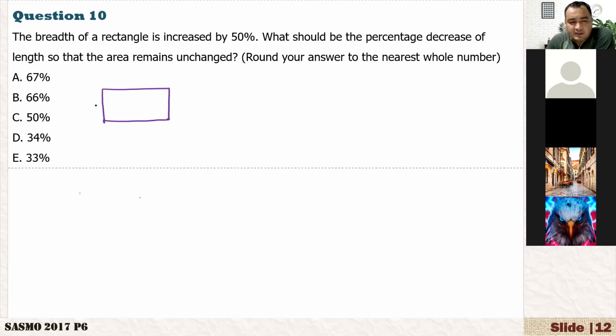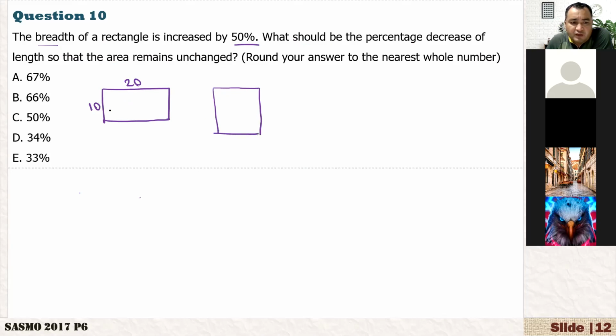Suppose its width is 10 and its length is 20. Now if I increase the breadth of the rectangle by 50%, I will have a new rectangle, and it asks what the percentage decrease of length should be so that the area remains unchanged. So I will decrease the length and also increase the breadth.